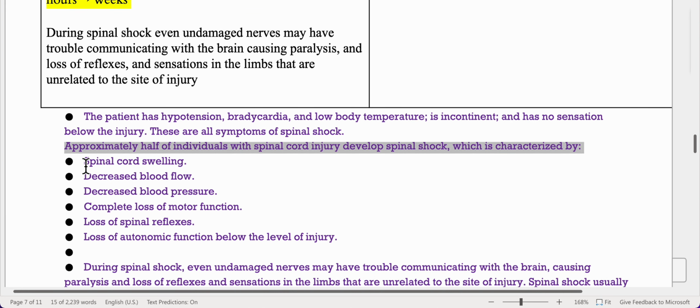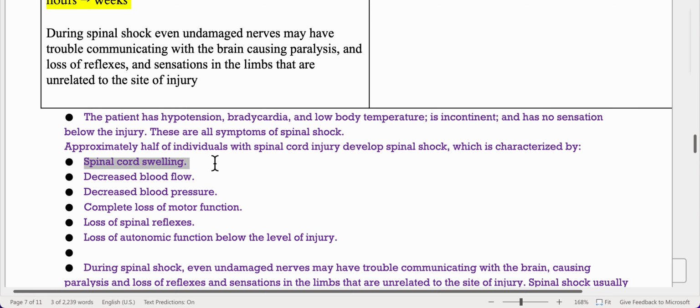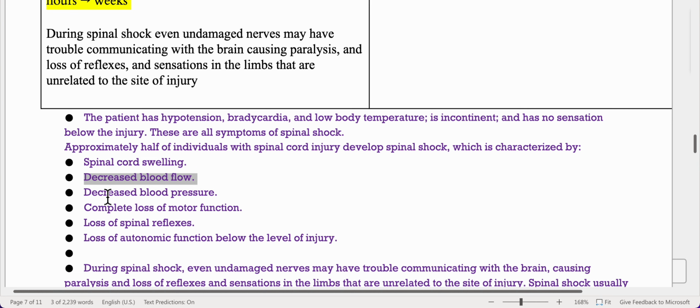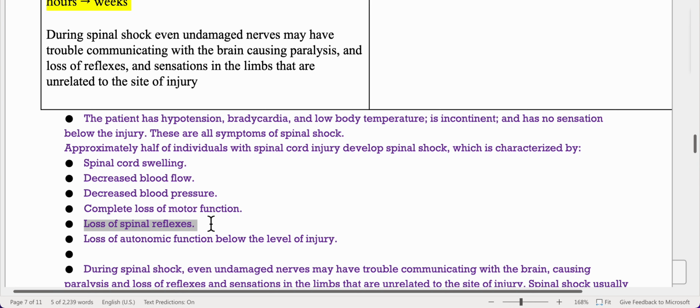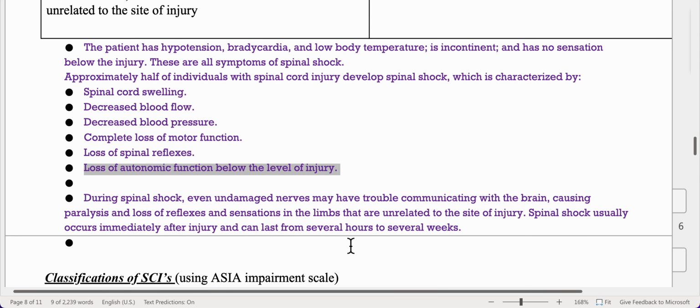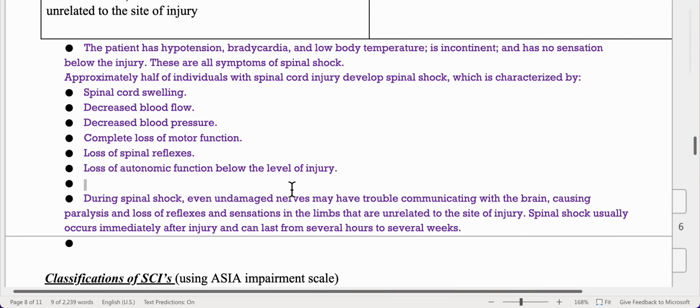Approximately half of individuals with spinal cord injury develop spinal shock, which is characterized by spinal cord swelling, decreased blood flow, decreased blood pressure, complete loss of motor function, loss of spinal reflexes, loss of autonomic function below the level of injury.